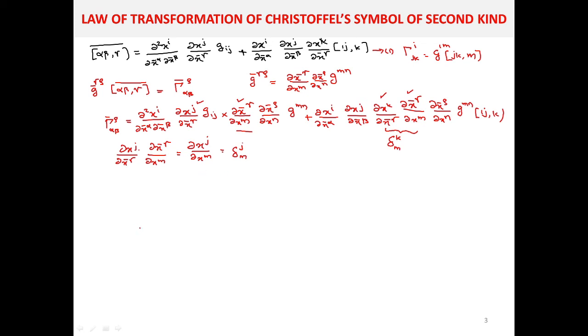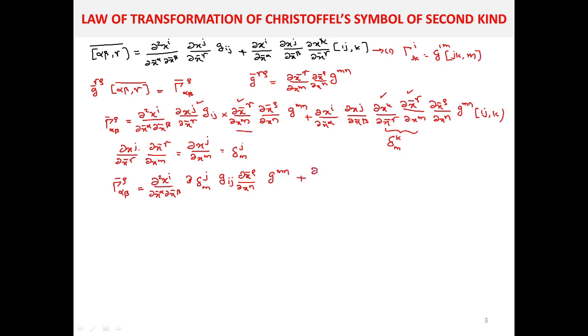So this equation can be rearranged as gamma bar rho alpha beta equal to the first term ∂²xⁱ/∂x̄^α∂x̄^β, and these two terms can be replaced with the Kronecker delta jm. Then there is one gᵢⱼ, and then one more term ∂x̄^ρ/∂xⁿ, then gᵐⁿ.